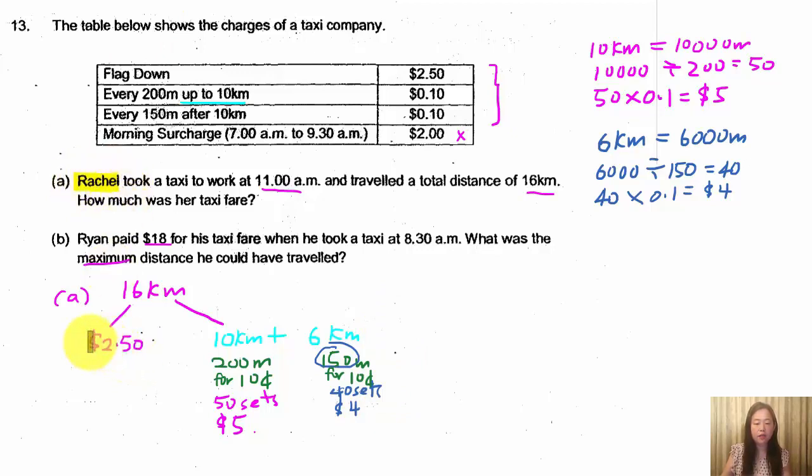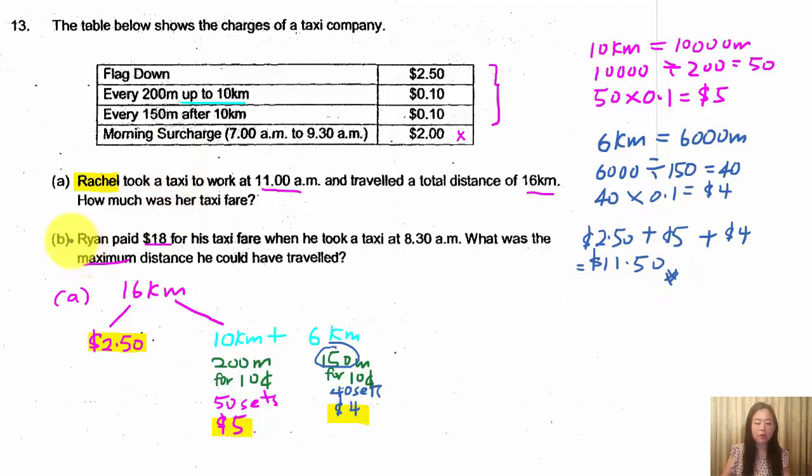Rachel has to pay the flag down rate of $2.50 and another $5 here and $4 here. So the total he has to pay will be $2.50 plus $5 plus $4, which is equal to $11.50, and that is the answer for A.